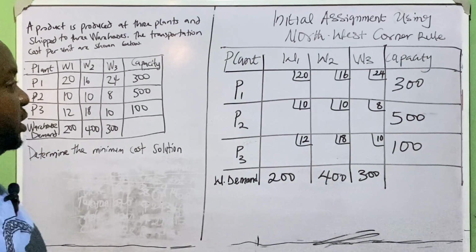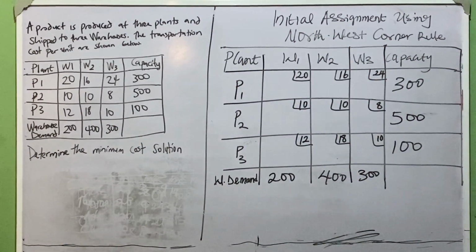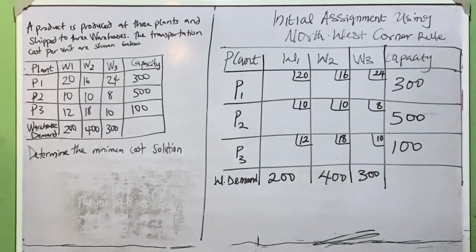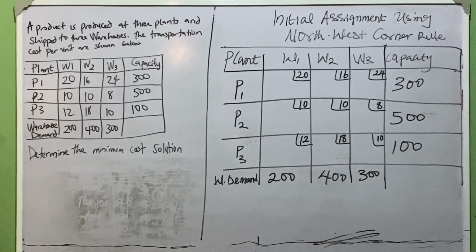All right, guys, we want to demonstrate how to do initial assignments in a transportation model using the Northwest corner rule. We'll have three methods of carrying out initial assignments: the Northwest corner, the least cost, and Vogel's approximation method.